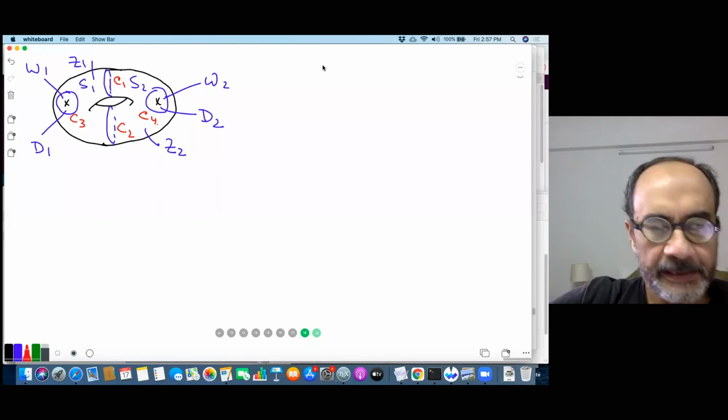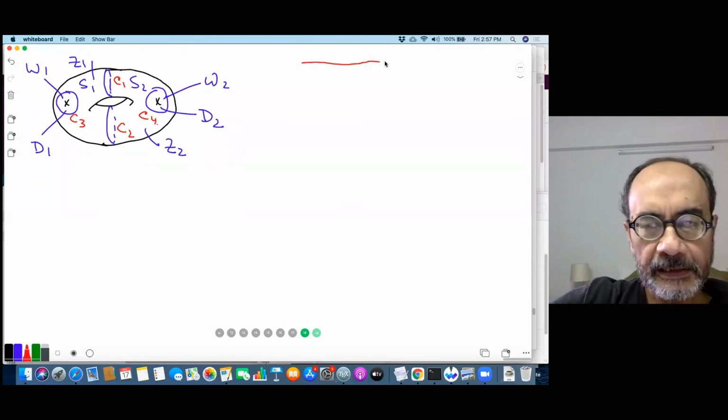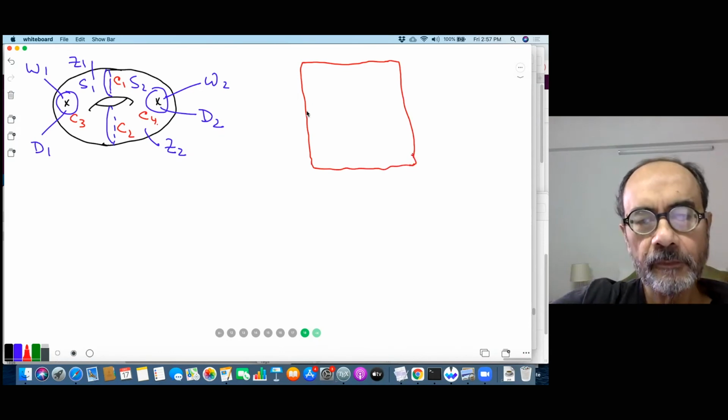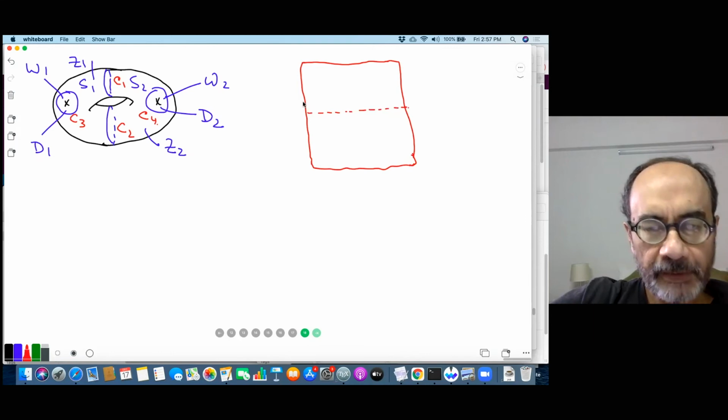So we'll represent this as 2 cylinders which will be glued. So we'll think of the left and the right sides being identified. That's what makes it into a cylinder. These two sides are identified.